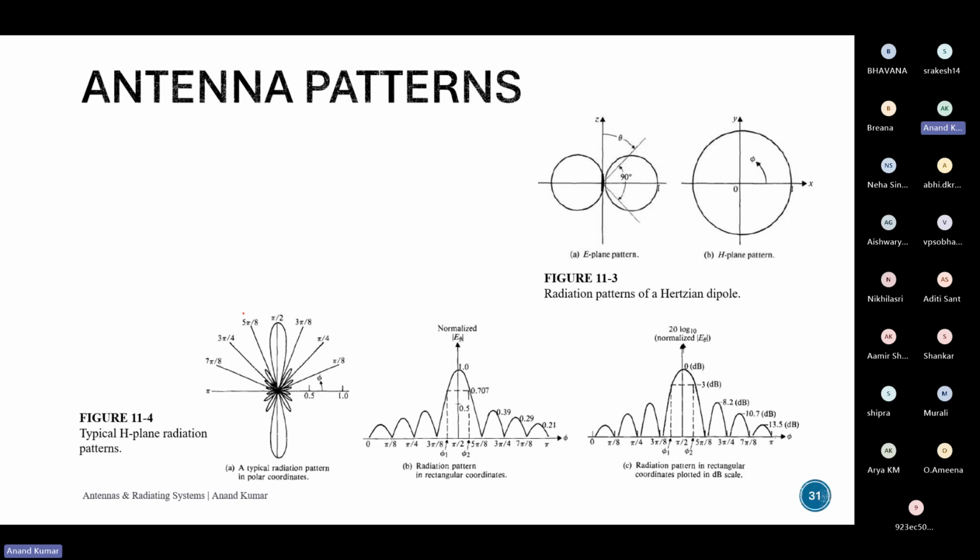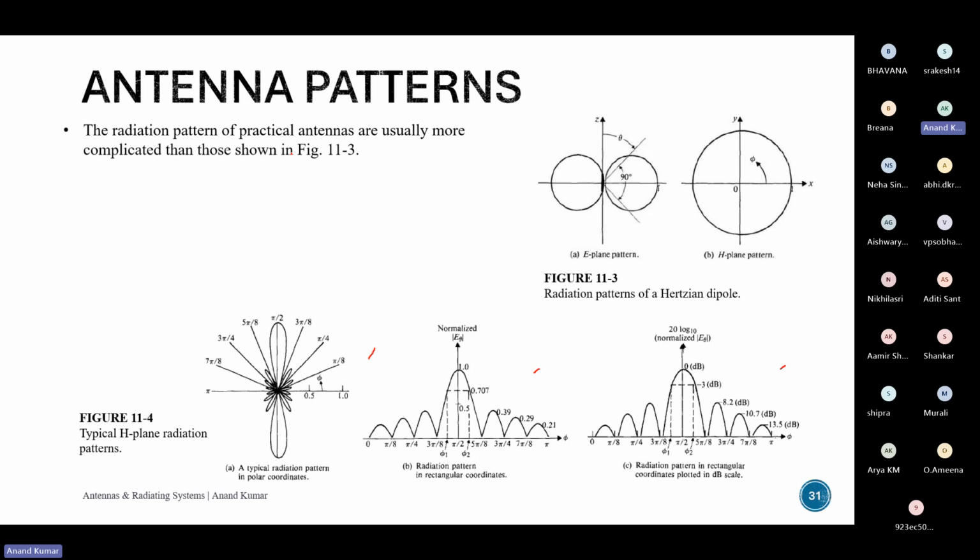Okay, so we'll come to this. Don't be stressed with these figures if you're seeing them for the first time. When we started, we said that the antenna does not radiate equally in all directions, and different antennas have different radiation patterns.